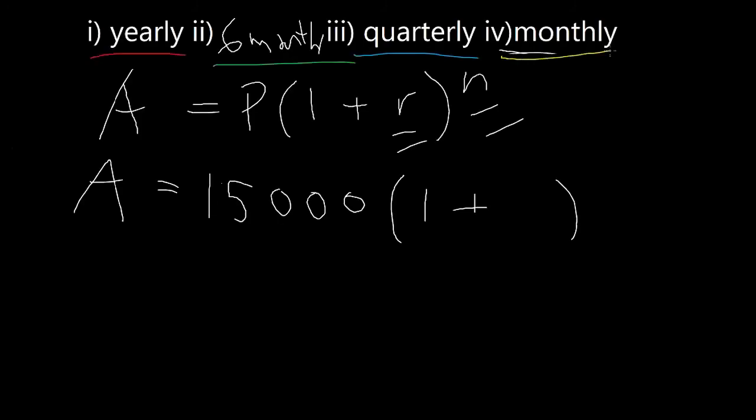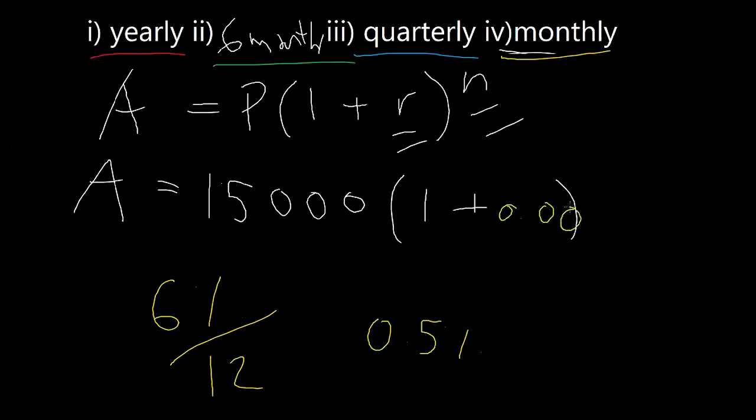Now our last one, which is going to be monthly. Remember there's 12 months in a year. So we're going to take the original 6% per year and divide that by 12 because we want it in monthly bits. And we can see we have 0.5, or a half of a percent, and converting that into decimal form, we're going to have 0.005.